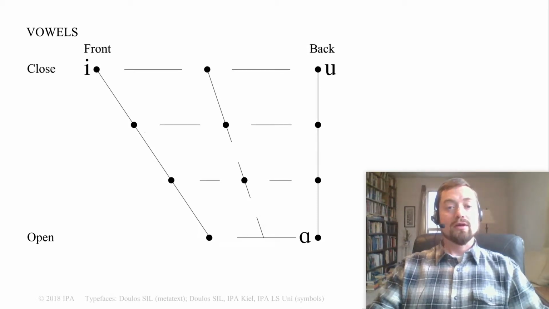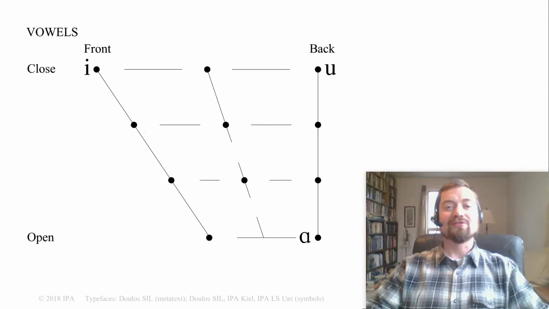So if you imagine the English vowels, you may have learned that they are A, E, I, O, U. And you see we have A, I, and U. And of course, as I've mentioned before, when it comes to phonetics, you always have to be careful when it comes to spelling, because phonetics is all about the sounds.